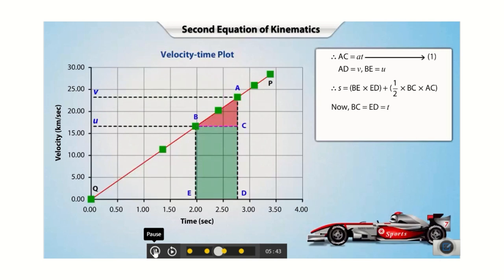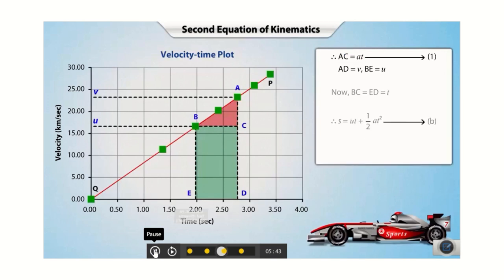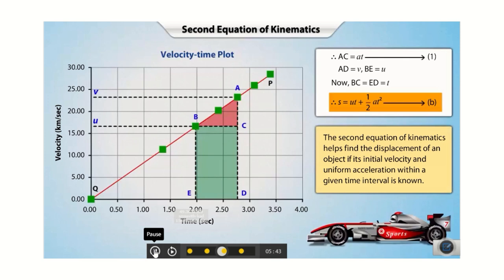Now BC is equal to ED, which gives the time interval t. Let us substitute the values for each of them in the equation. This gives the second equation of kinematics. It helps us find the displacement of an object if its initial velocity and uniform acceleration within a given time interval is known.